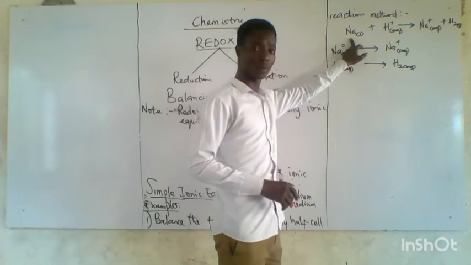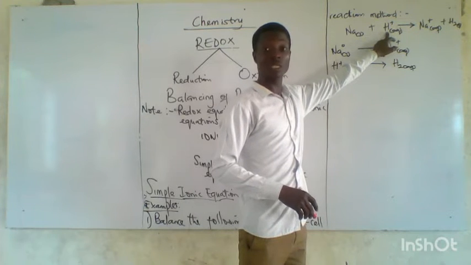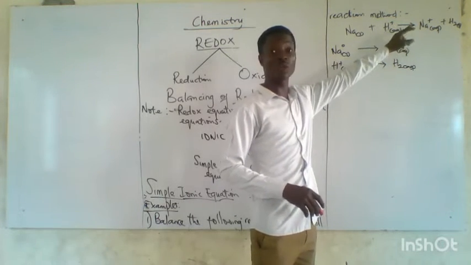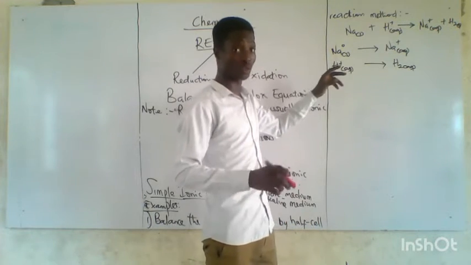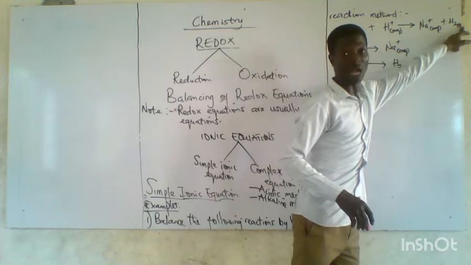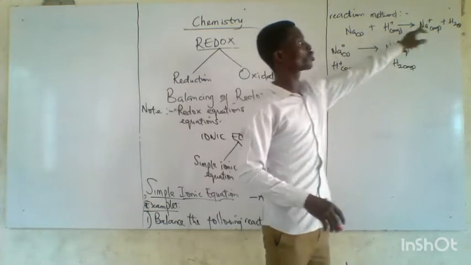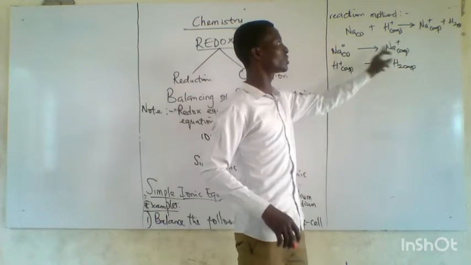This is the question: sodium plus hydrogen ion to give sodium ion plus hydrogen gas, H2(g). This is G, that's the state of hydrogen. So I'll pick sodium to sodium. That's sodium to this sodium.